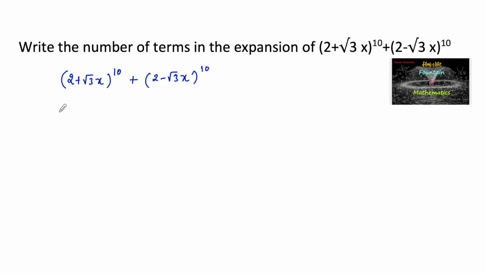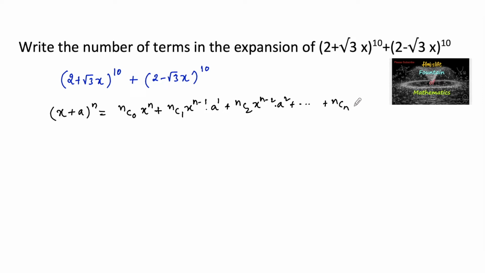We know the binomial expansion (x + a)^n equals nC0 x^n + nC1 x^(n−1) a^1 + nC2 x^(n−2) a^2 and so on up to nCn a^n. So by using this binomial theorem, we can write (2 + √3x)^10.